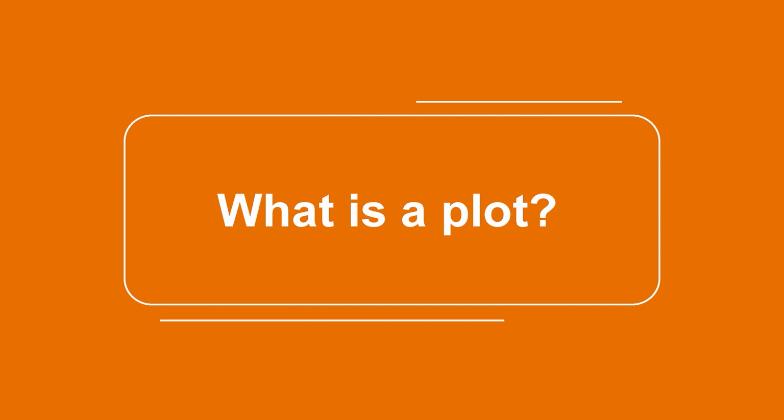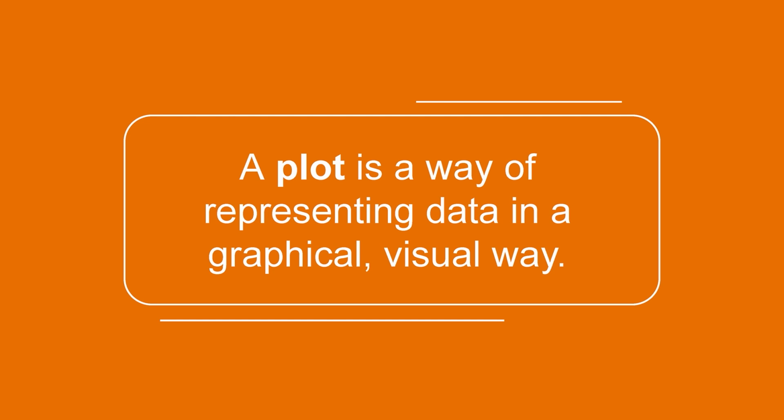We are about to dig into what exactly a scatter plot is. Let's start with just a plot. What is it? Simply put, a plot is just a way to represent data in a graphical, visual way to make it easy to see patterns, trends, and other features that might not be obvious in a simple table.